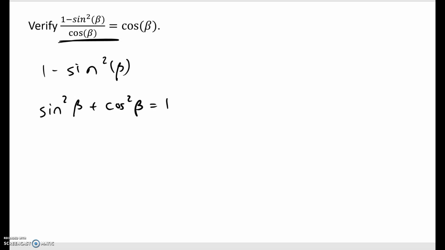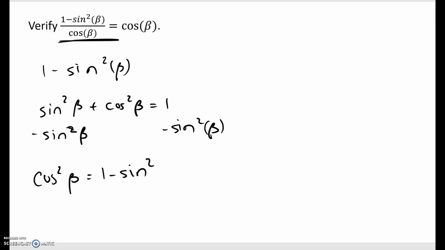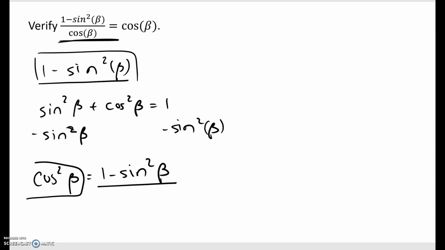Now if I move sine squared of beta to the other side, well, I get cosine squared of beta is 1 minus sine squared of beta, which, look, these two things are exactly the same. So I could replace that with cosine squared of beta. So I'm going to go ahead and do that.